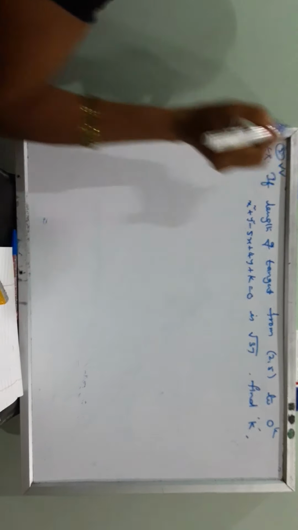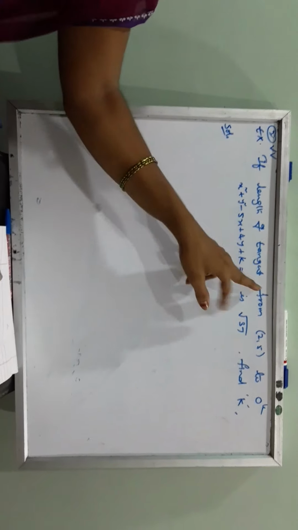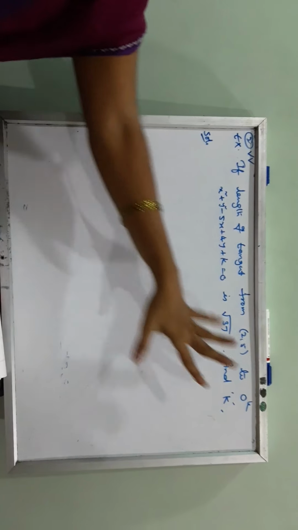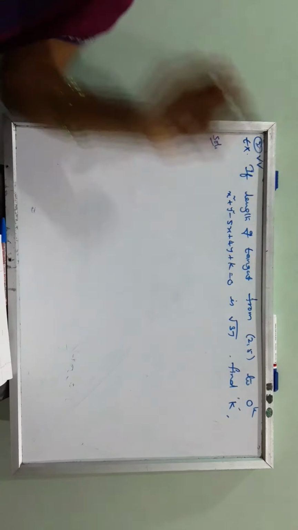Very, very important for VSAQ. Length of tangent is already given, it is root 37. Point also given. Circle is given. Here we have to find k.